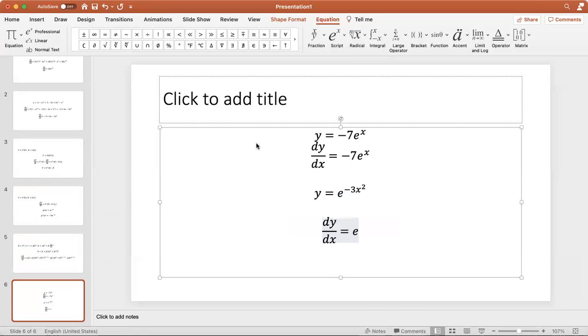You still have e raised to negative 3x squared, right? Because nothing happens to this outer function, but you'll have to take the derivative of the embedded function in the exponent. So you get negative 6x. Or simply put, you have negative 6x e raised to negative 3x squared.